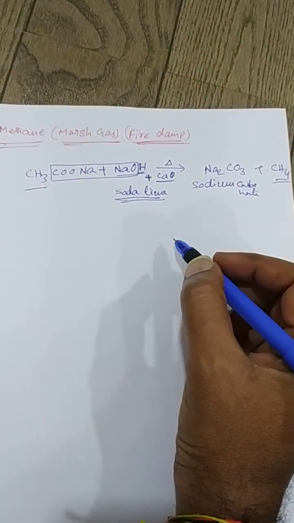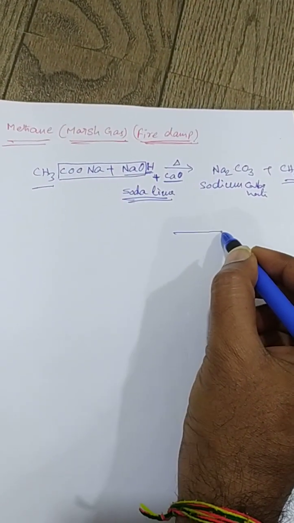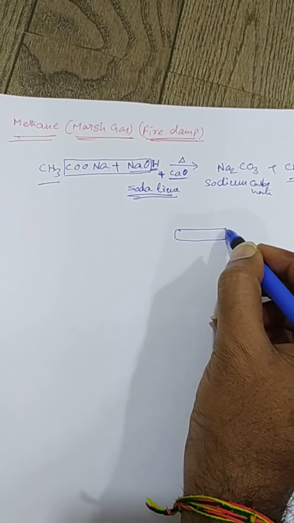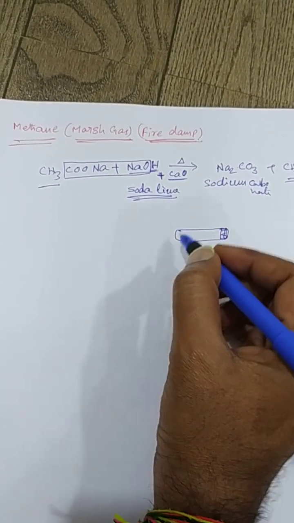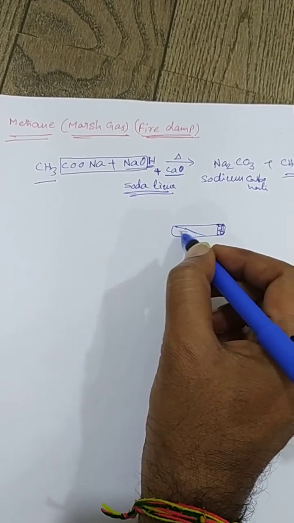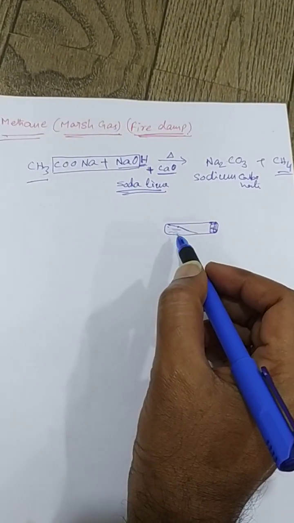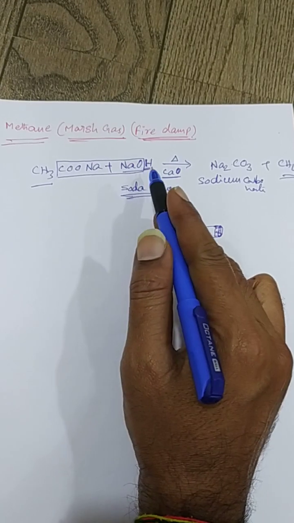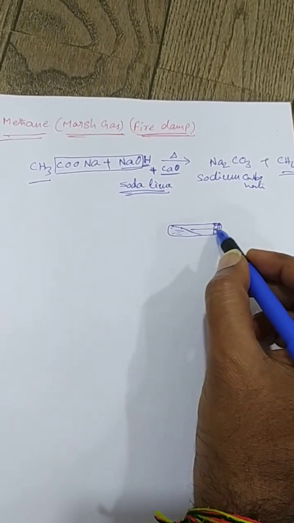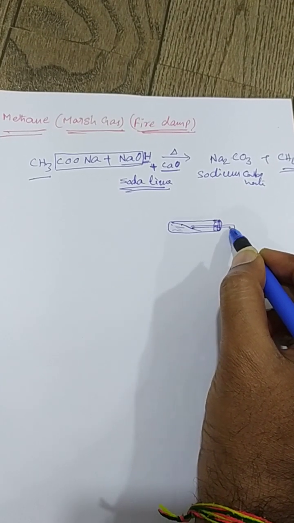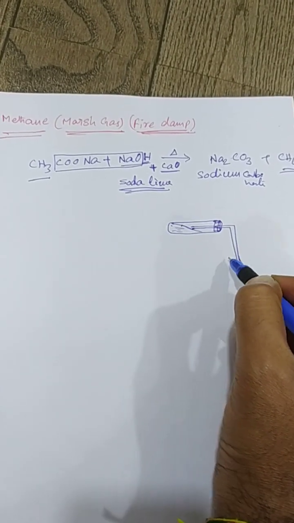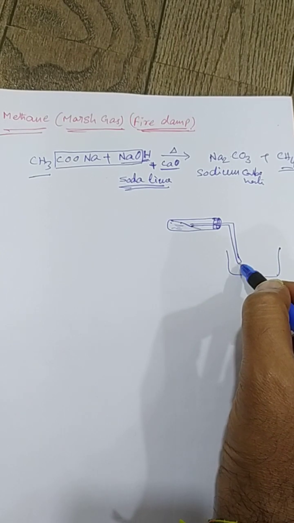You take a test tube with a cork, and add some sodium acetate and soda lime, that is, NaOH and CaO mixed. Take a small pipe and insert it in the water.